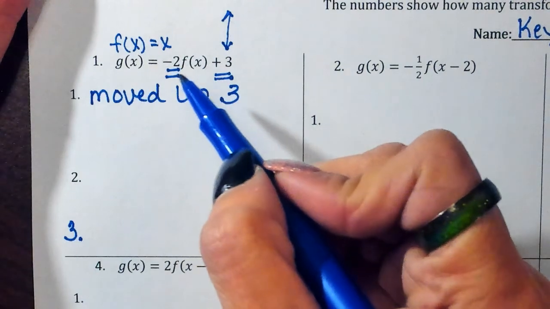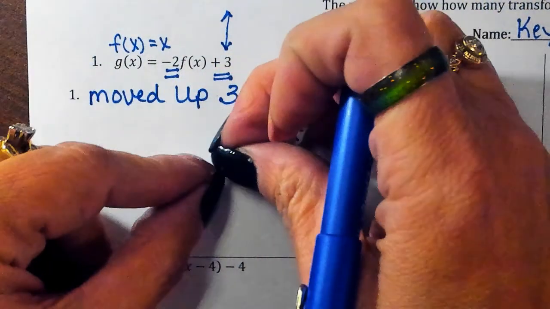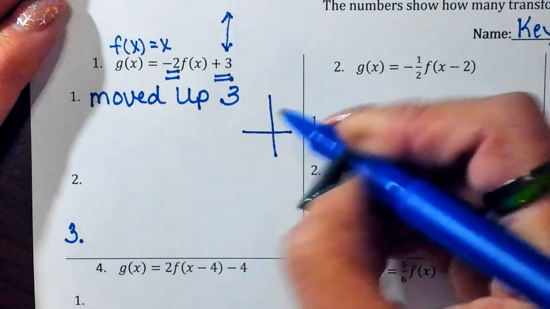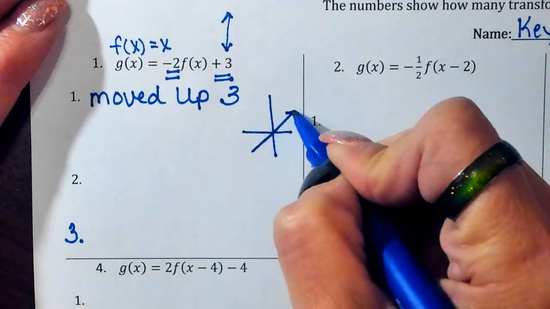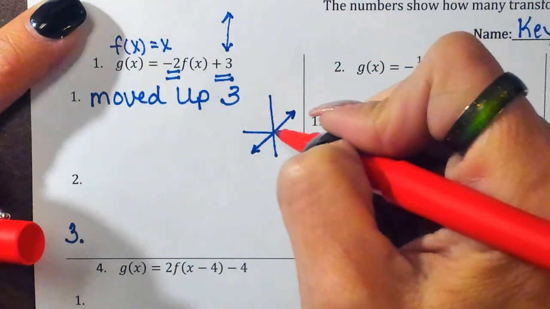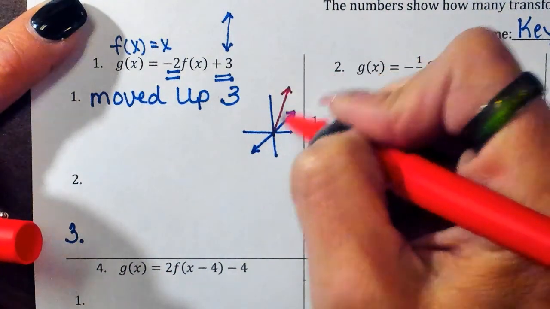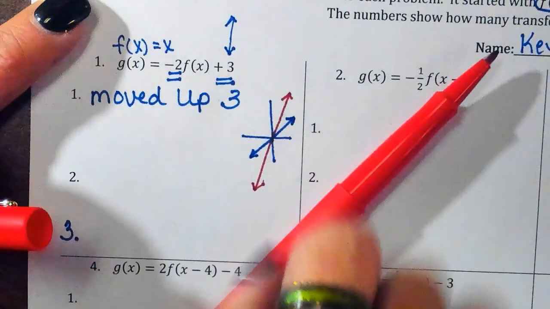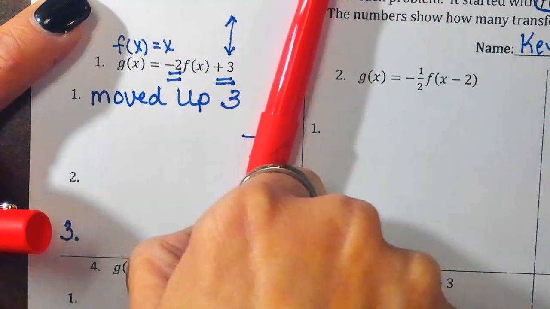What did the 2 do? So the 2 is when you take it, and I'm going to draw a picture. So here's my parent function. The 2, remember this is my snow skier. The 2 is going to look like this. So it went from this to this.